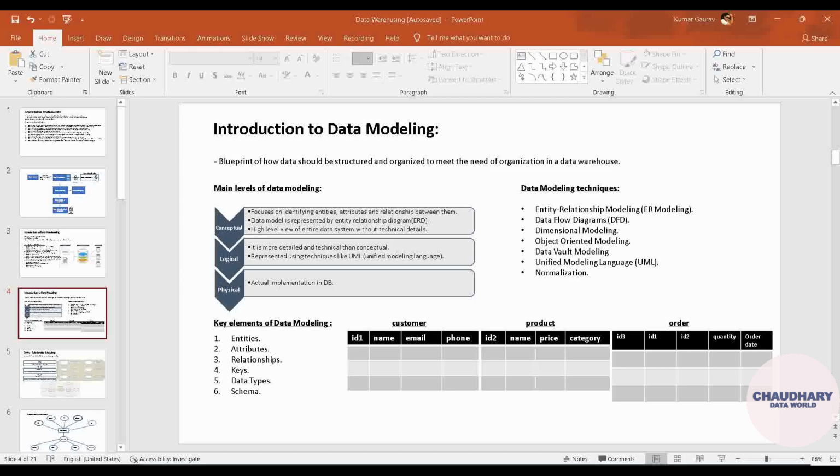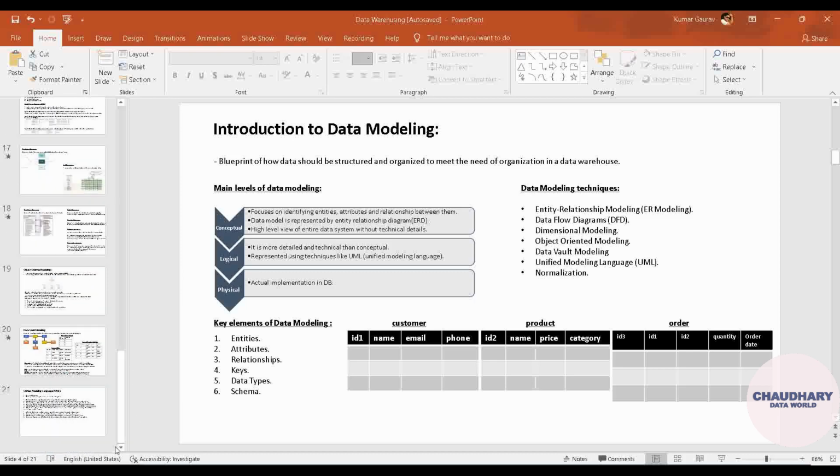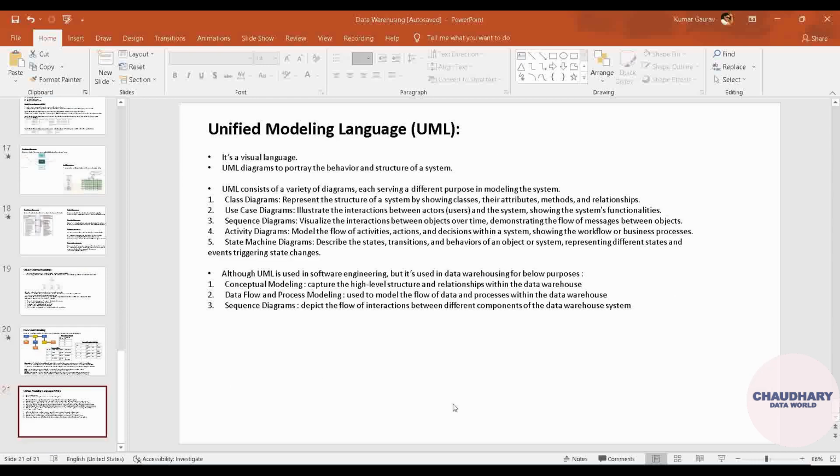So just moving to the slide which we have today. This unified modeling language is nothing but a visual language. It's nothing like coding or something like that. It's just a visual language with which we can represent the behavior or the structure of a system.